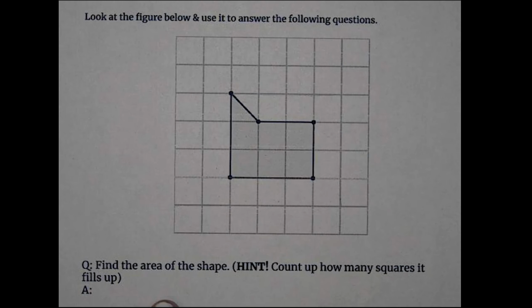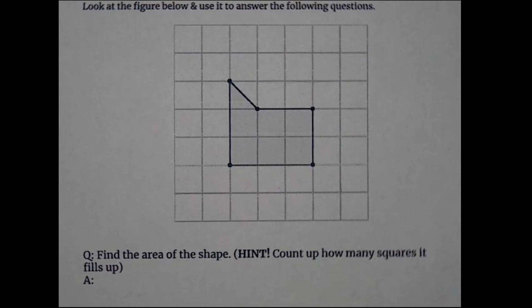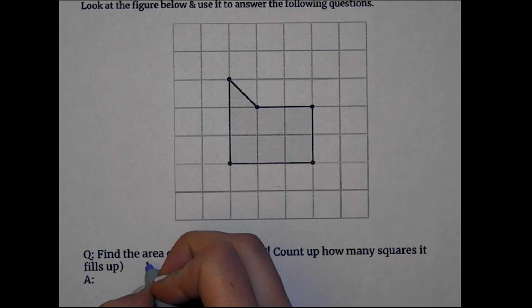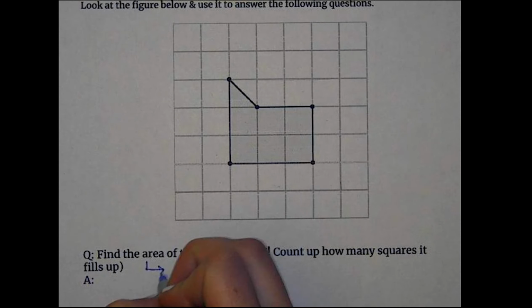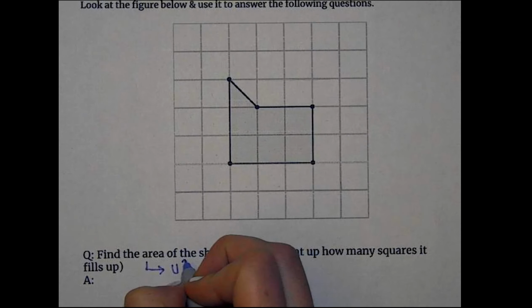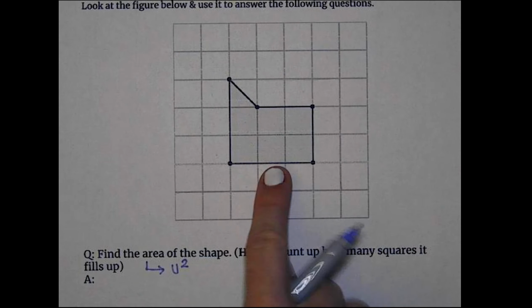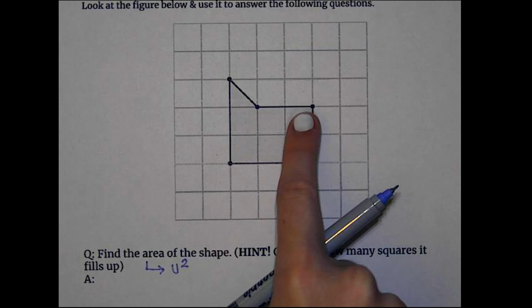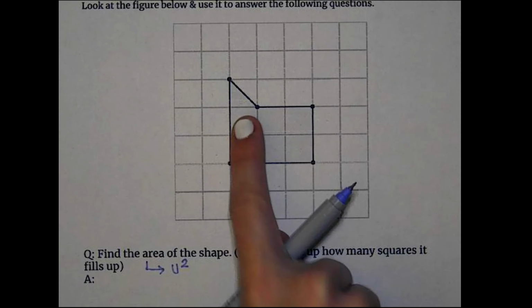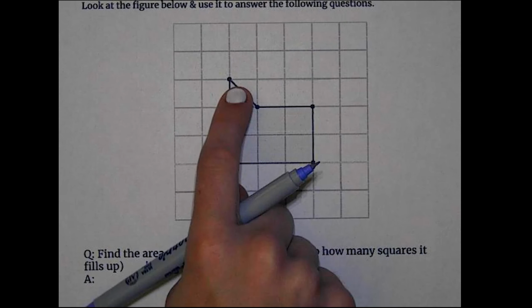So for this, I want you to remember that whenever you're finding area, you have to give me units squared, because it's an area, it's not just a specific length. It takes up a lot of space. So when we look at this shape, we can very easily just count 1, 2, 3, 4, 5, 6 and a half, right?